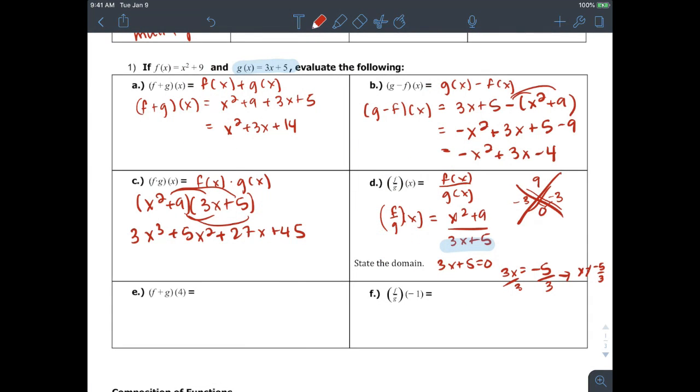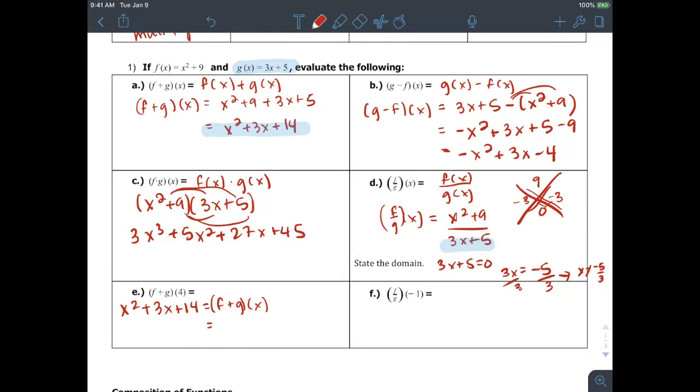Okay, so if I'm going to just plug in a value for x, you have two choices. You can either look at what f plus g was, which was this, and plug it in, or you can plug in f of 4 separately. So I'll do it both ways. I'm going to take what I had from above, x squared plus 3x plus 14, and I know that's equal to (f plus g)(x).